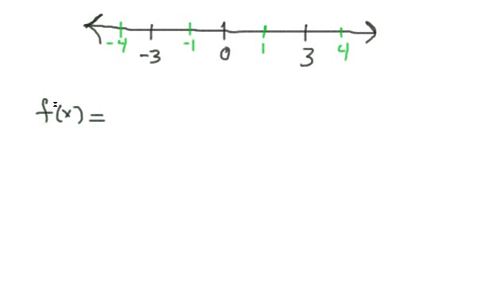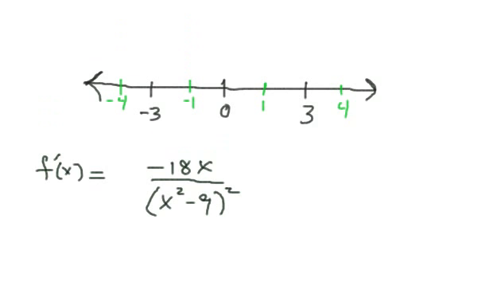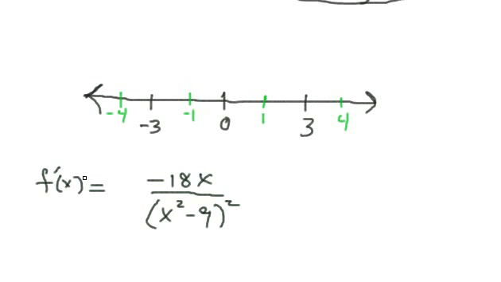Oh, no. We're doing the derivative. Sorry. F prime of x is equal to negative 18x over x squared minus 9, quantity squared. Alright. And let me scroll back up.